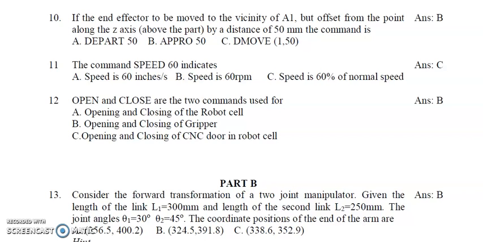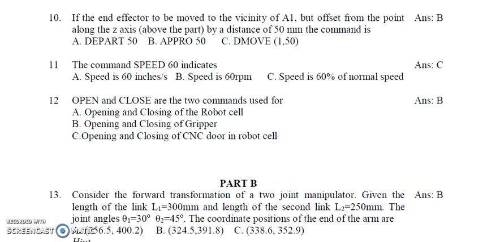If it is mentioned as inches per second or RPM, then it represents 60 RPM or 60 inches per second. But if it is given in a plain way, that is speed 60, then it means the speed is 60% of normal speed.